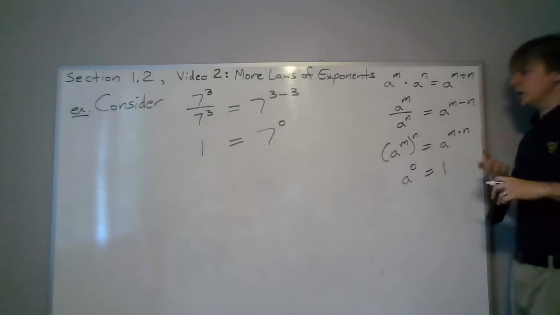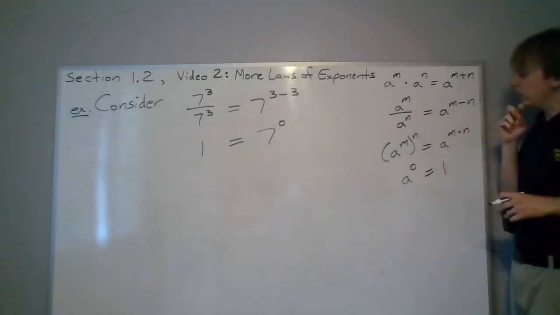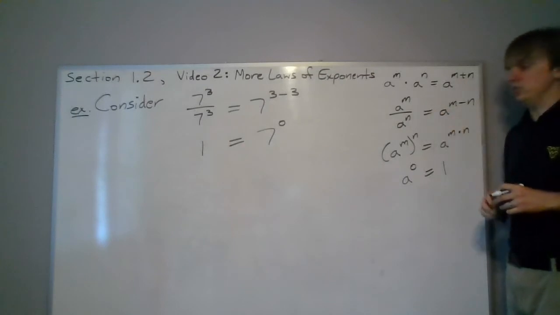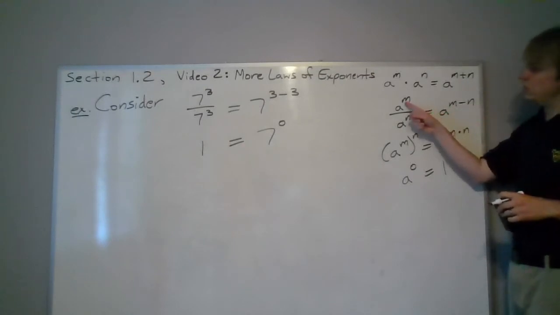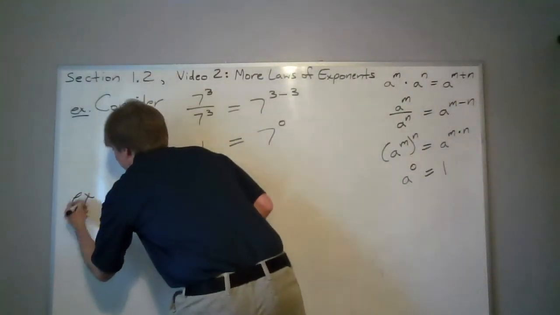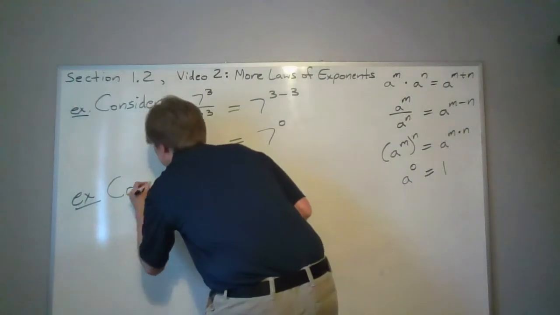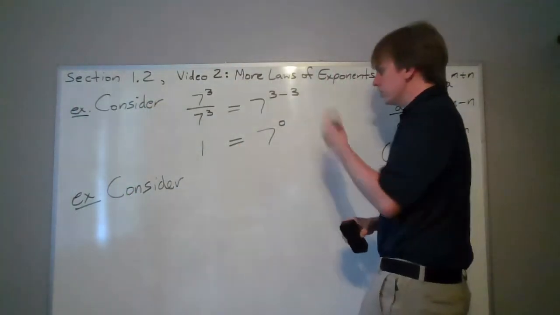Okay. The next one is also going to be a special case of this. It's what happens when the number m is 0. So instead of this thing being 0, what if this thing is 0? So again, let's make up an example. Let's see, I'll use a different number this time.